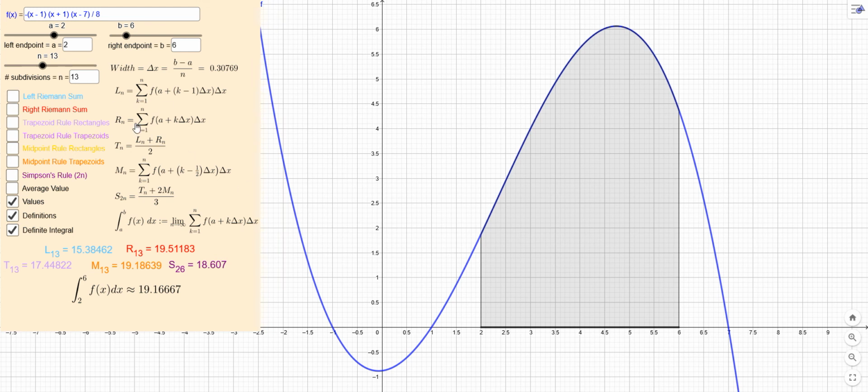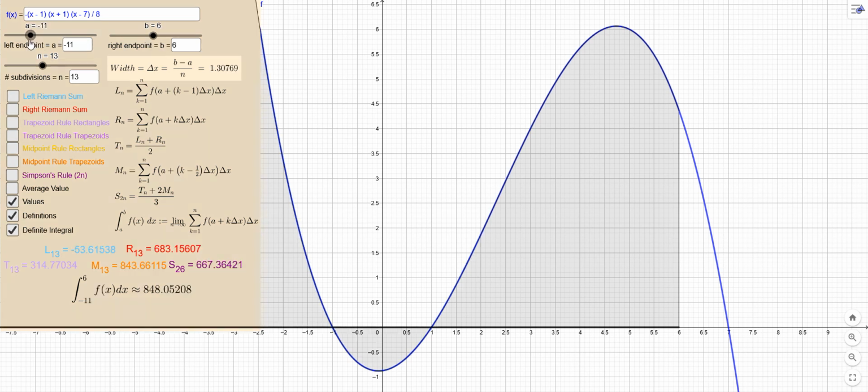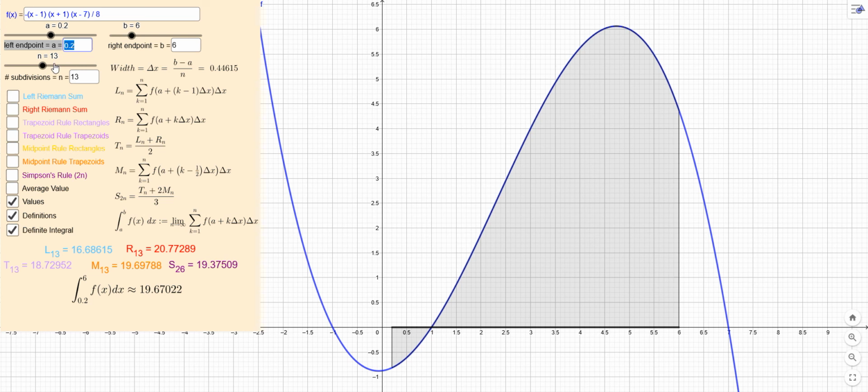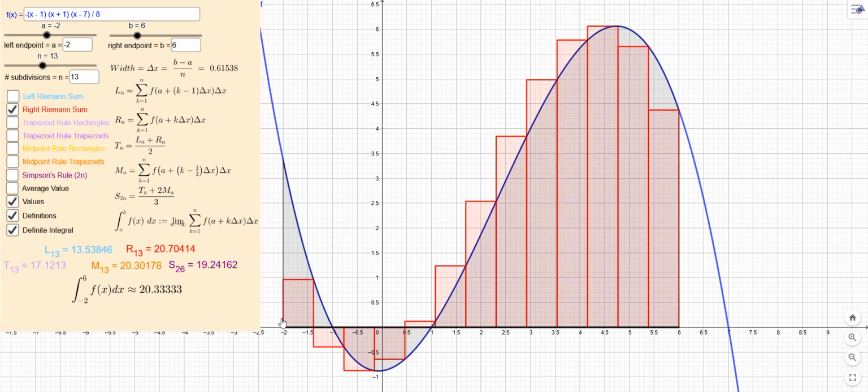I've been talking about areas the whole time, but in fact you have to be a little careful, because let's say if we go from -2, and let's see, here. Now look what happens, say, on this piece right here in the middle, when we just do a right Riemann sum.